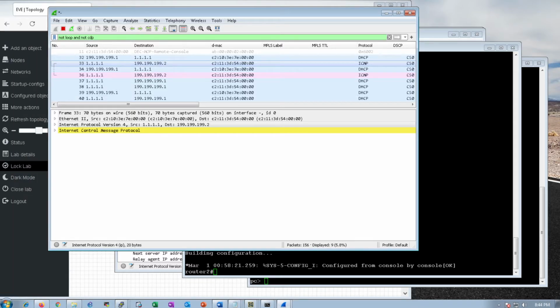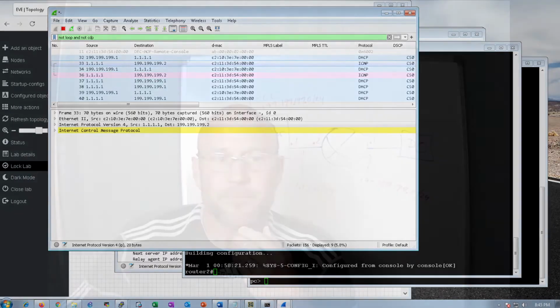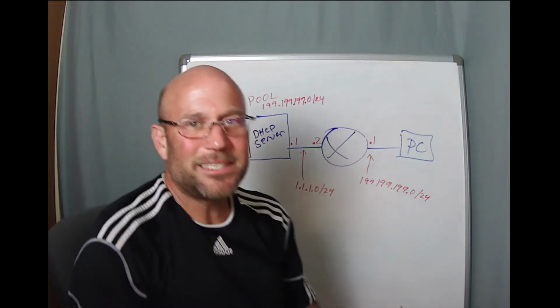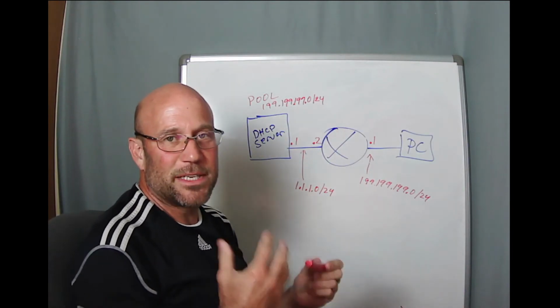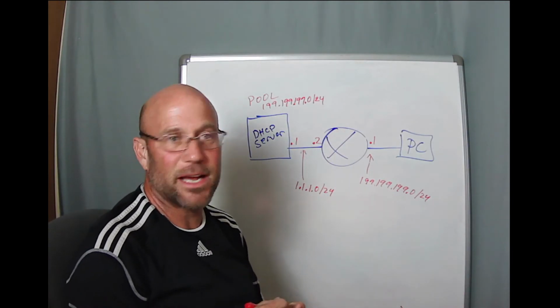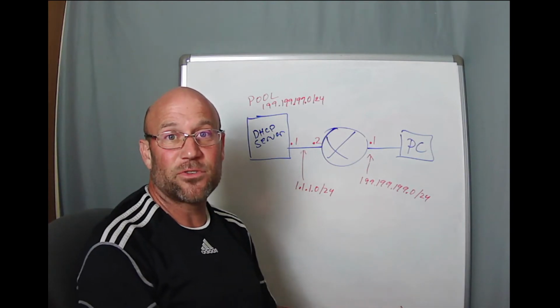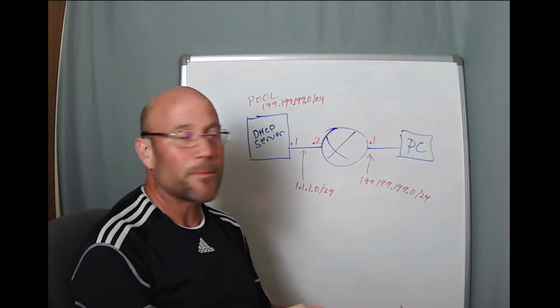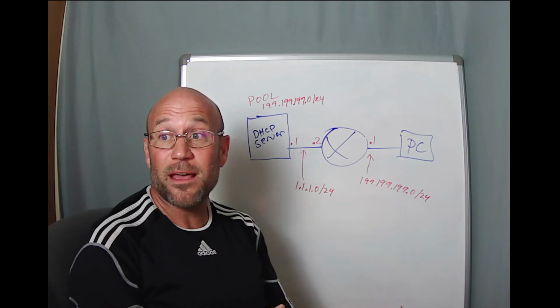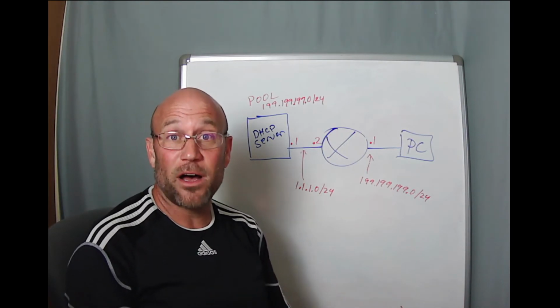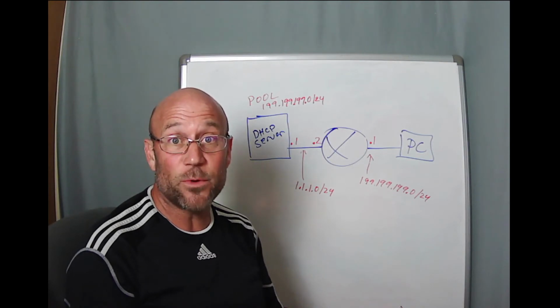199.199.199.2. So what's going on here is a lot of DHCP servers have this built into it. It's a sanity check to make sure that it's not about to assign out an address duplicately, okay, or to something that already has an address configured on it, maybe manually.